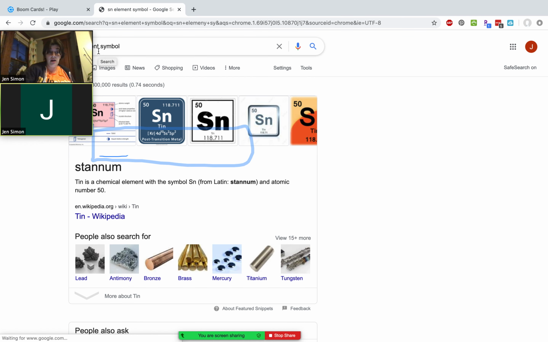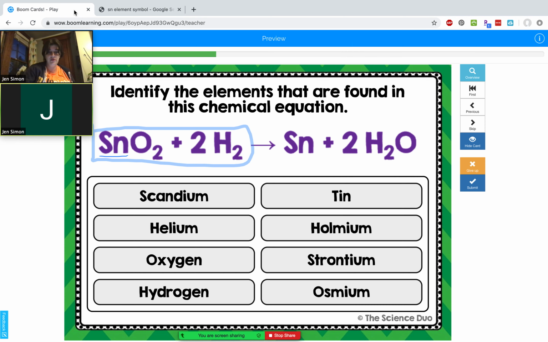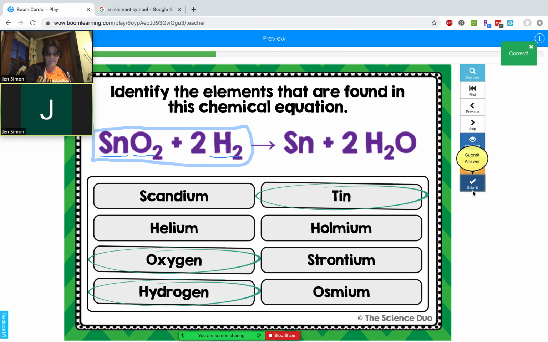Stannum. Stannum is the Latin name and it's tin. Okay, that sounds something a little bit more recognizable. I didn't recognize stannum there. All right, so Sn is tin. O is oxygen. And H is hydrogen.